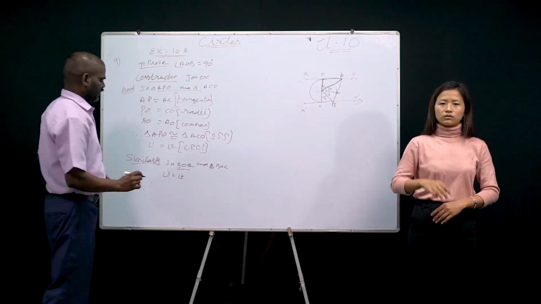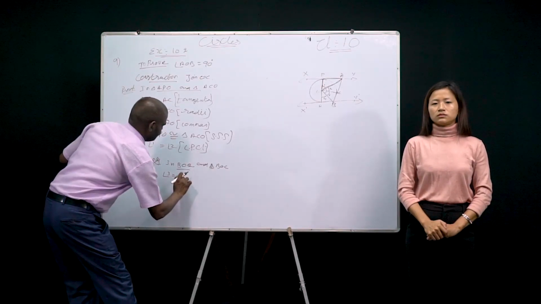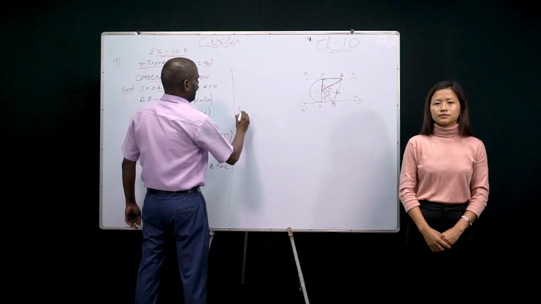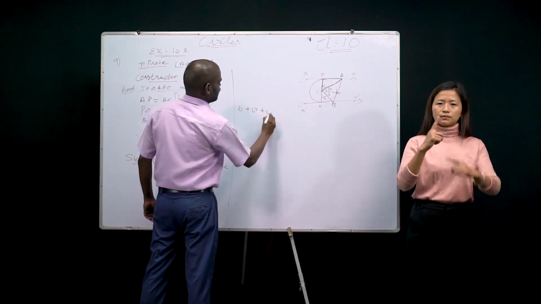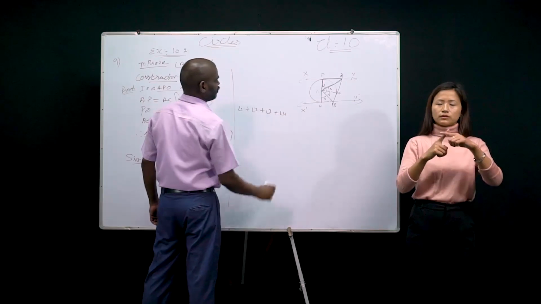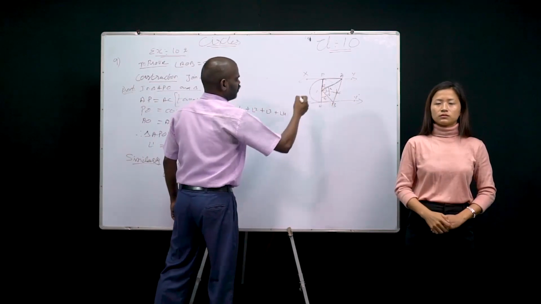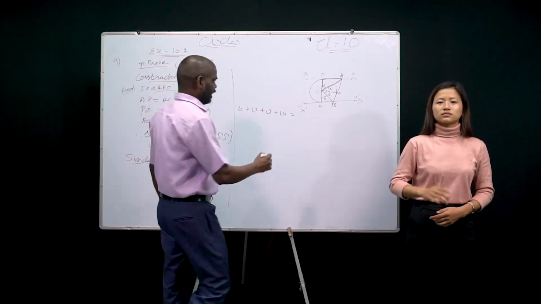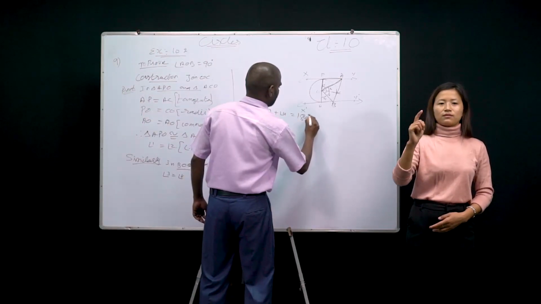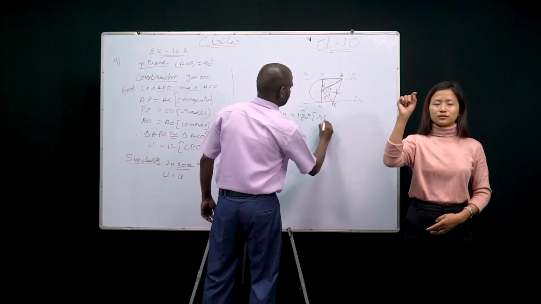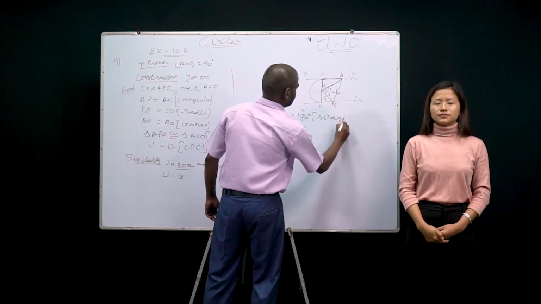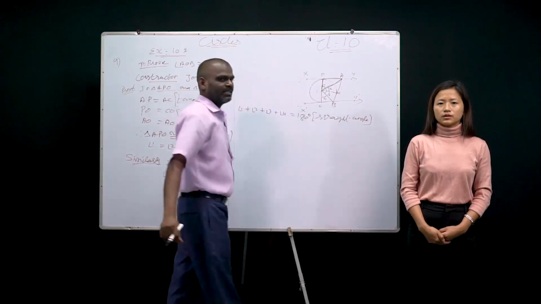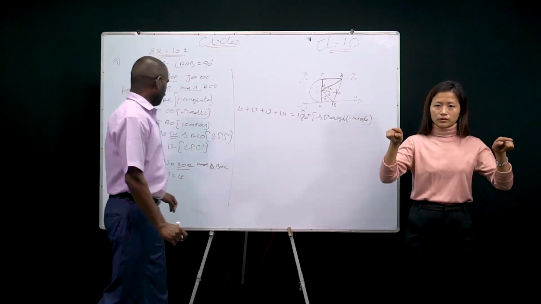Yes. Now, angle 1 plus angle 2 plus angle 3 plus angle 4. When you add all these 4 angles, how many degrees will you get? Yes, 180 degrees, right? Why? Straight angle.